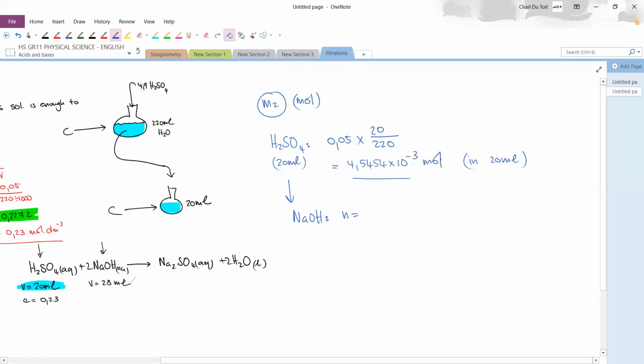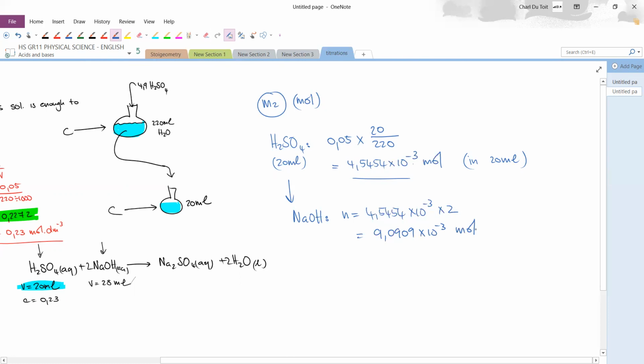So the mole sodium hydroxide is 1 to 2, so twice of that. 4.5454 times 10 to the power of minus 3 times 2. So I'm just multiplying with 2. Then I get the amount of mole is 9.0909 times 10 to the power of minus 3.